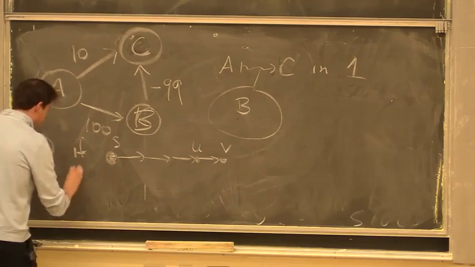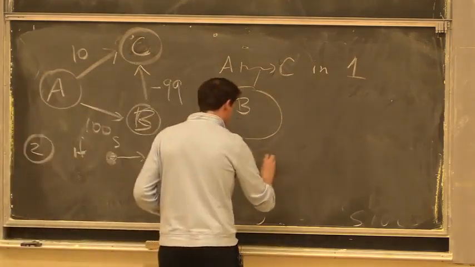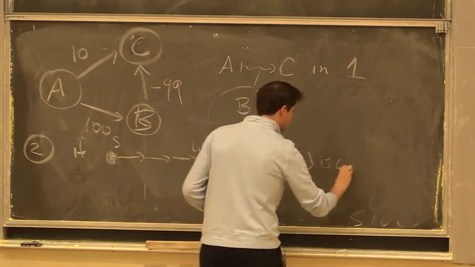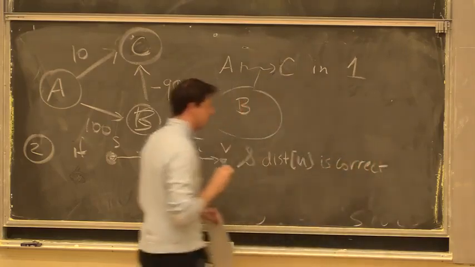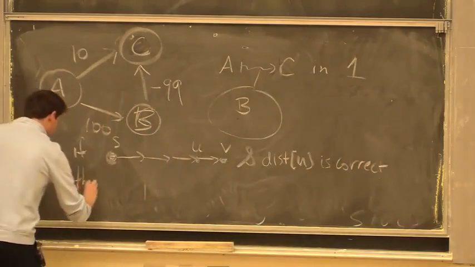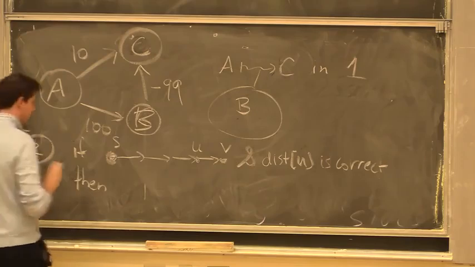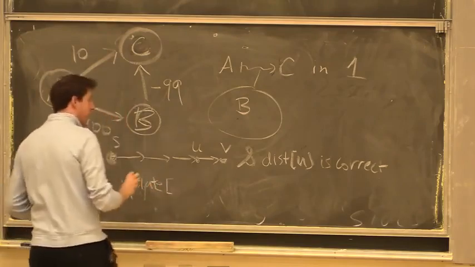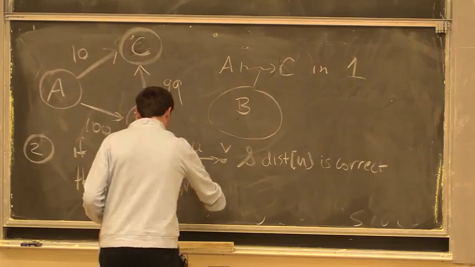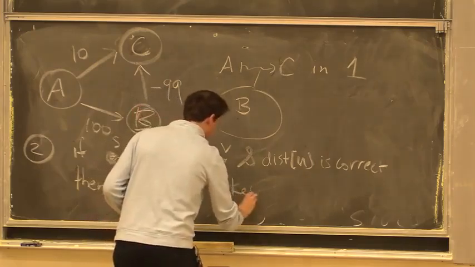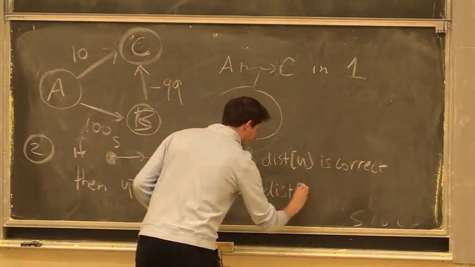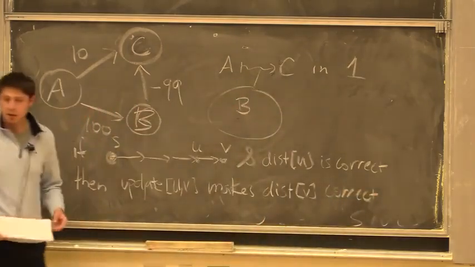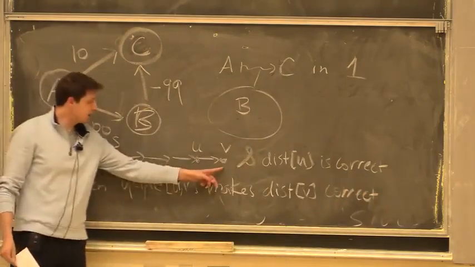Then, and the distance of U is correct, then running update UV makes the distance of V correct. Kind of almost by definition, really, right? Because what is the correct distance of V?